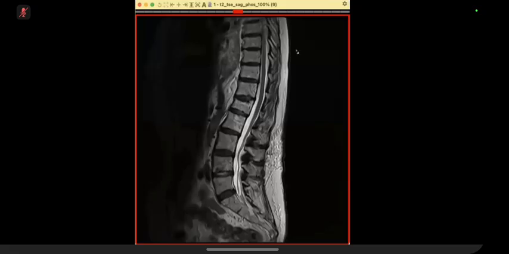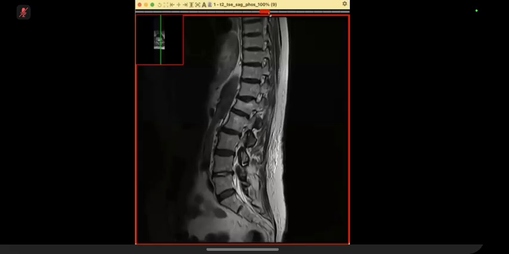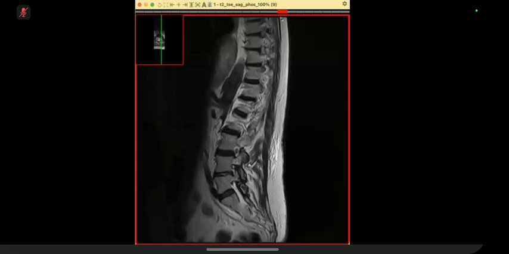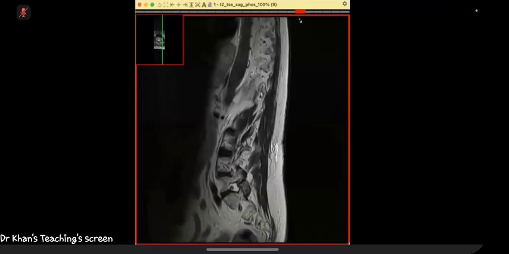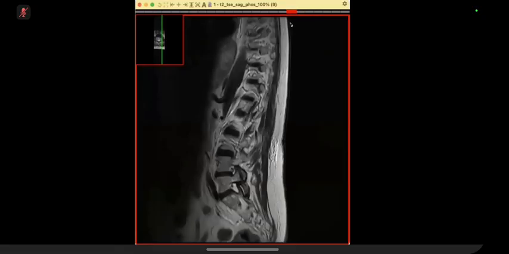Yes, here in L5, 4, 3, 2, and the L1, I can see there is a partial wedging of the superior end plate of the L1. Also, I'm focusing in the posterior element of the spine to check if there is any abnormality. I can see there is some facet arthropathy between L5 and S1.